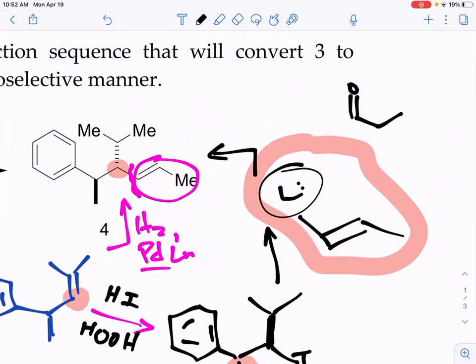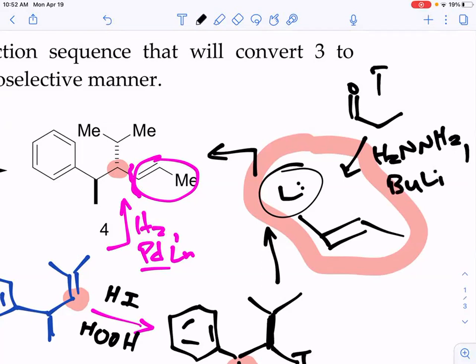Yeah, 1, 2, 3, yeah. We could start with that and then treat it with, so we could do Bamford-Stevens to get there. Right, so we did the Bamford-Stevens reaction on propionaldehyde.